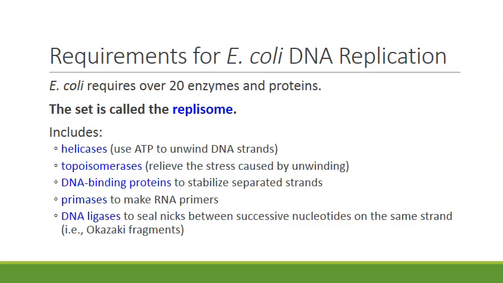They need to be stabilized because they really want to be together. We have the RNA primases that are able to create those RNA primers that start the process of DNA replication. And then finally, we have DNA ligases, whose job is to seal the nicks between those Okazaki fragments together to make sure we have two continuous strands.